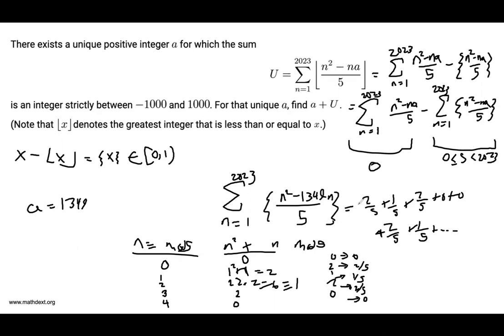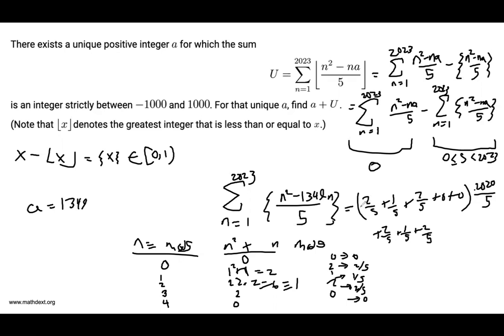You see a cycle every 5, so you're essentially adding this a bunch of times. You go from 1 to 2020 because that's the last multiple of 5, so you multiply this cycle by 2020 over 5. Then you add your last 3 terms, which is not a full cycle: 2/5 plus 1/5 plus 2/5.